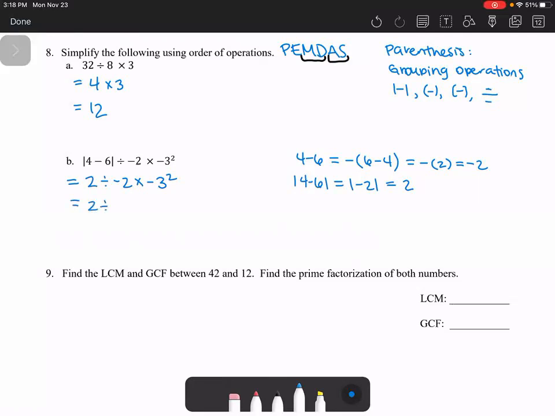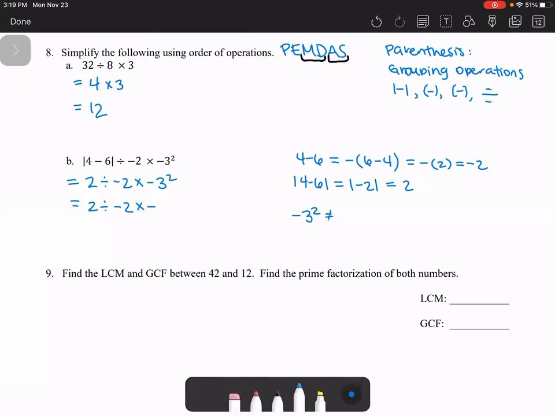So this is 2 divided by negative 2 times negative 3 squared. This is also a very commonly missed question. It was on exam 2 and exam 3. You're not squaring negative 3 here.